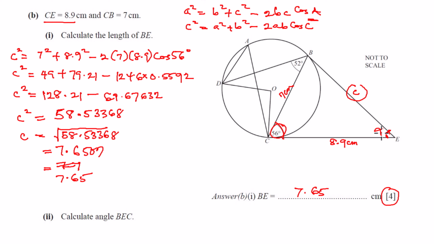So to get alpha, you can use sine rule for this, since you have this side and you now have this side as well. You can still use cosine rule to solve this, but it's way simpler to use your sine rule.